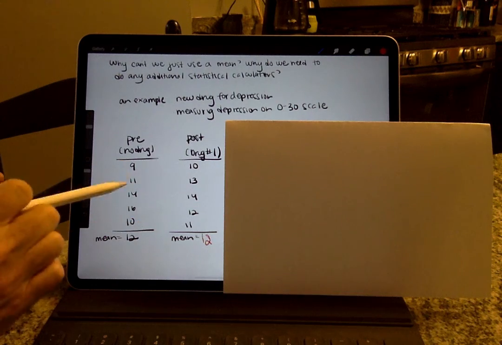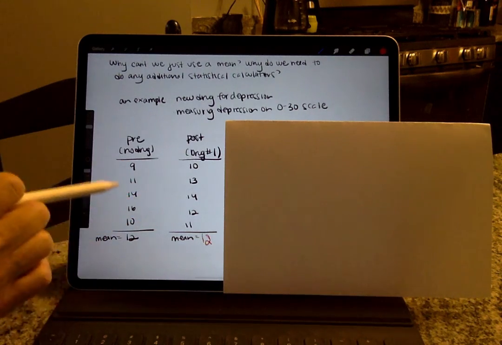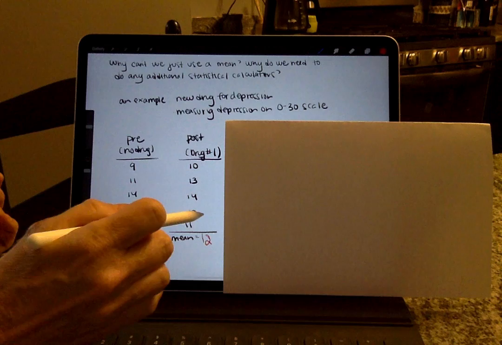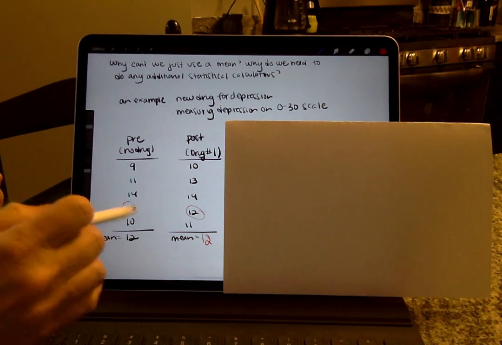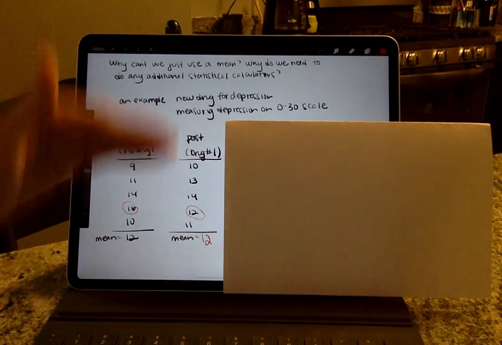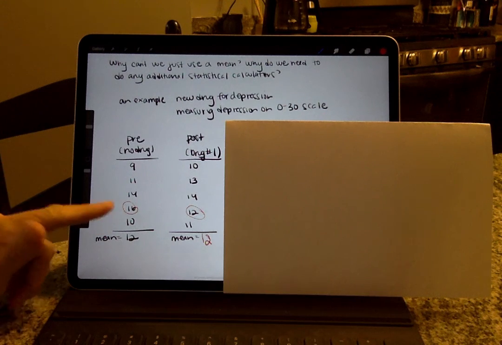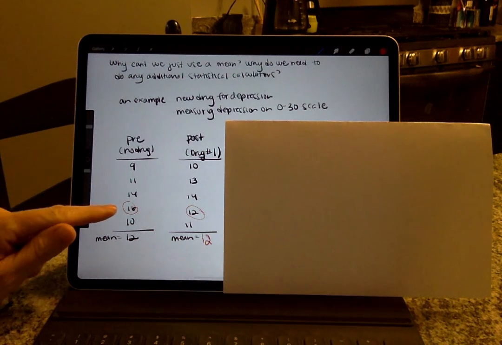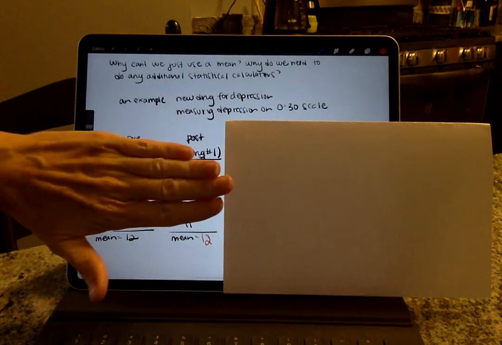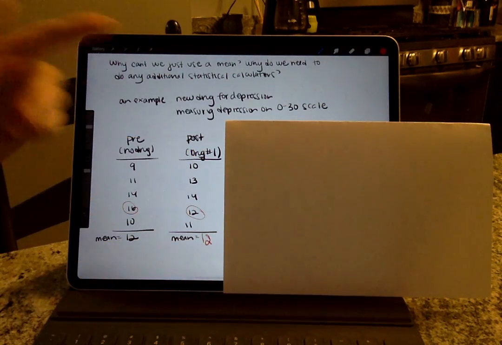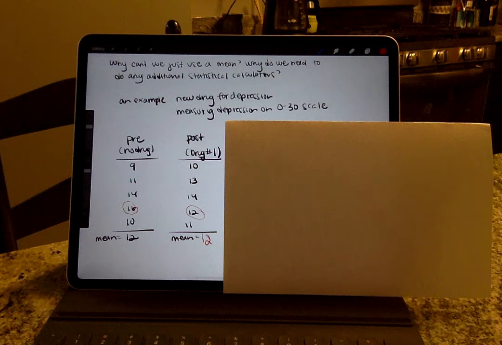So 3 of these people went up, 1 person was unchanged, and 1 person went from a 16 to a 12. So of the 5 people in our sample, the drug seems to be marginally helpful for just 1 person. But again, ignoring the actual data, if you just look at the mean, I think you would conclude this drug was completely ineffective.